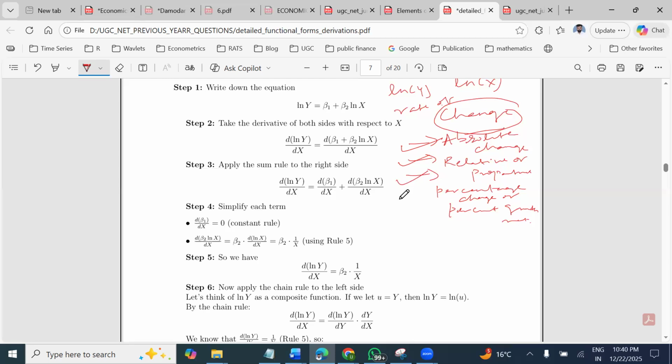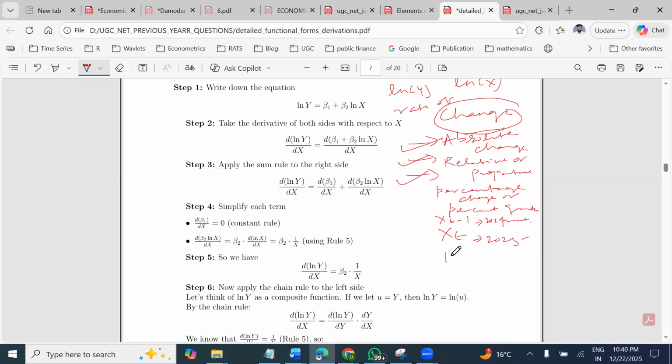Always remember, whenever the logarithm is there, it means relative change in x. How will we calculate it then? If it is time series data, suppose we take xt and xt minus 1, meaning this is for the year 2024 and this is 2025, right?